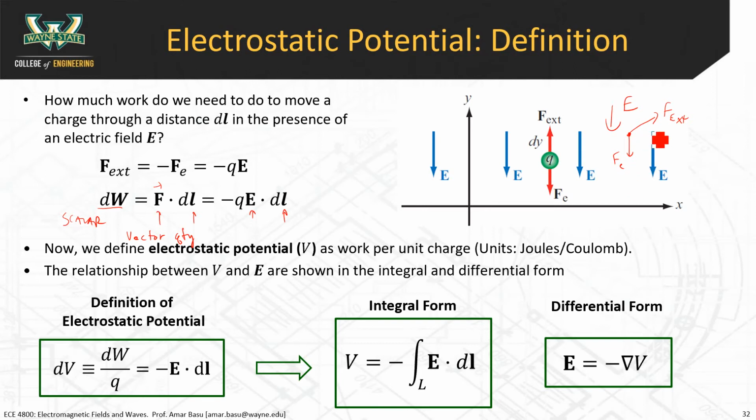So when you take the dot product of these two vectors, it allows you to find the component of the electric field along the direction that the particle is moving. So the dl vector is actually pointed in this direction.